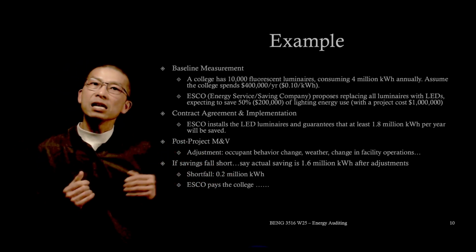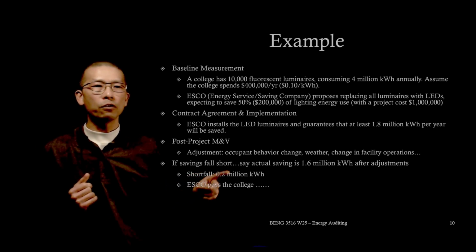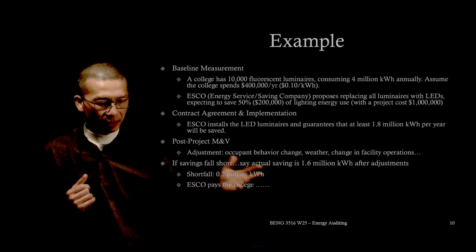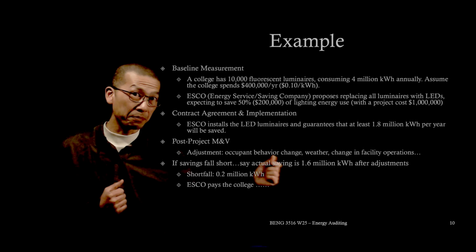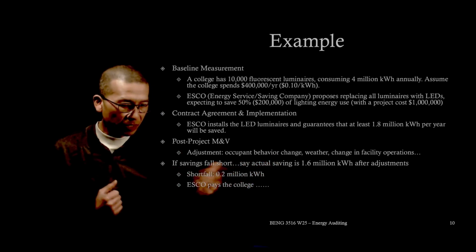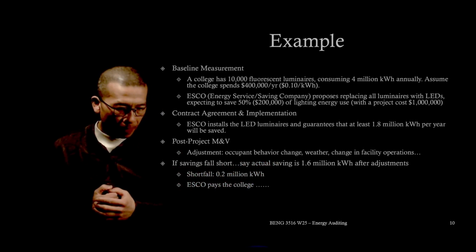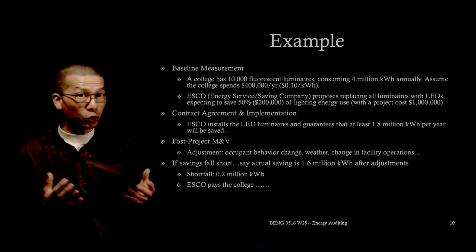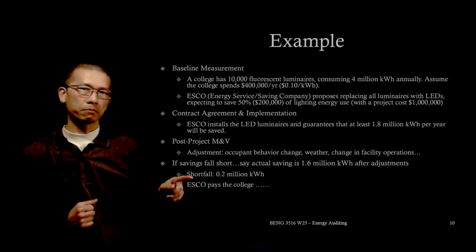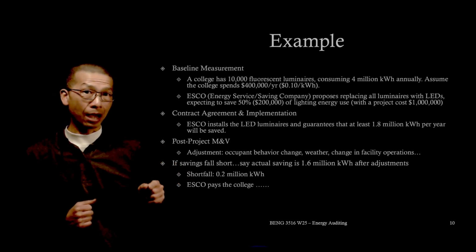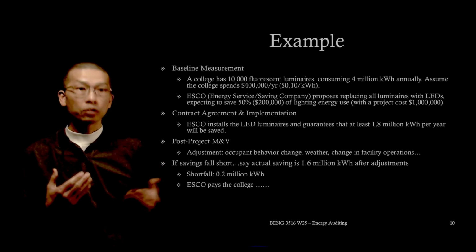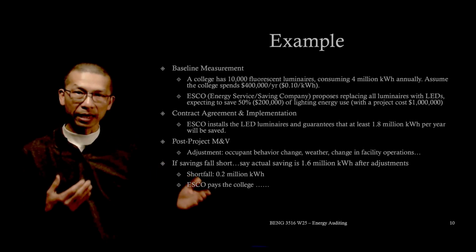Now, if the savings fall short, say the actual saving is 1.6 million kilowatt hours after the adjustment, then that's a 0.2 million kilowatt hour difference. So the ESCO will pay the difference.